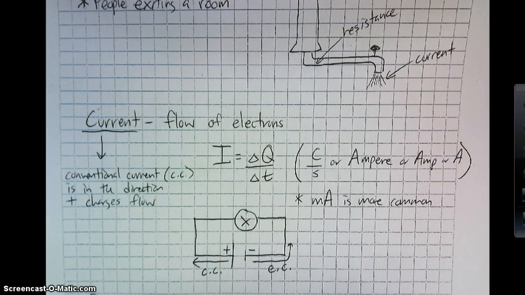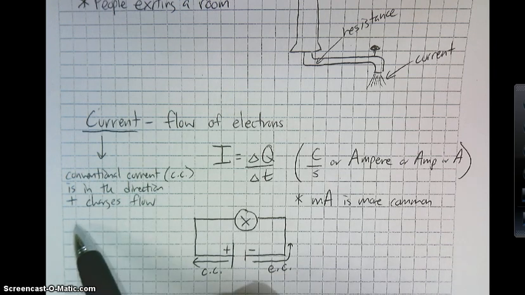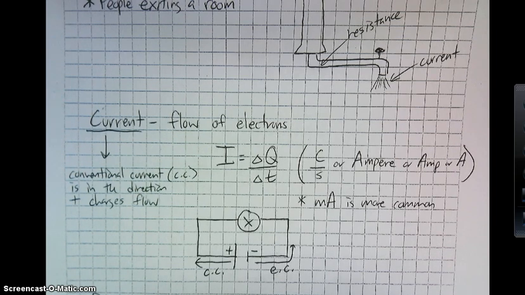Now, we do have to talk about types of current. There's conventional current and electron current. Conventional current tends to be the one that most people use. And if you look here, conventional current is in the direction that a positive charge flows. Now, keep in mind that current is really caused by the movement of electrons, which are negative. However, current usually is described in the direction that positive charges would flow.